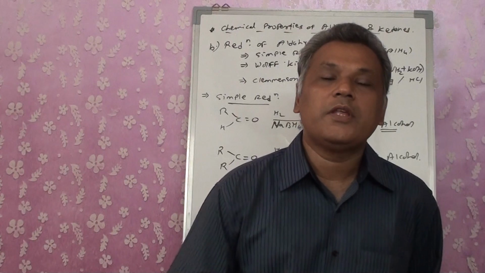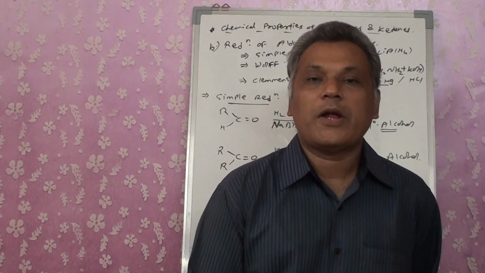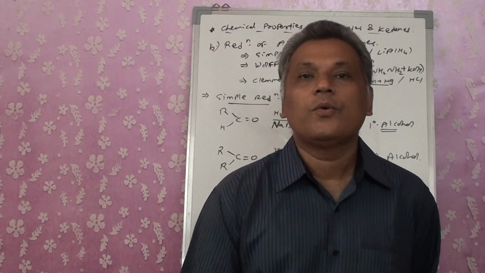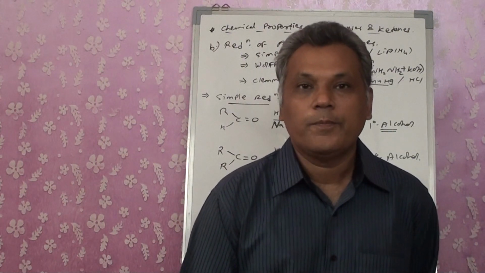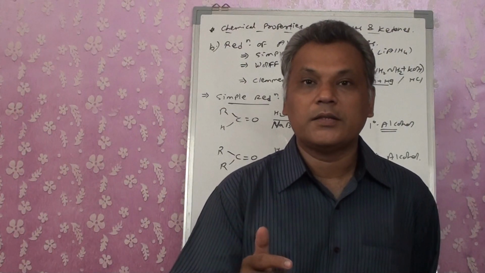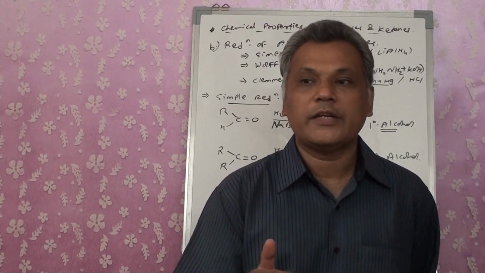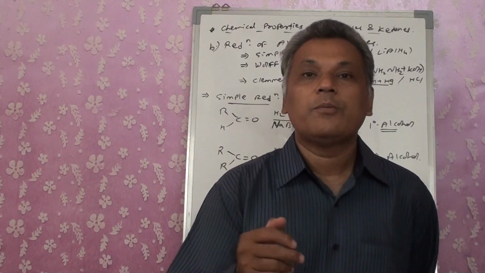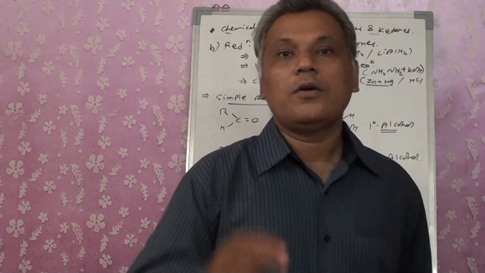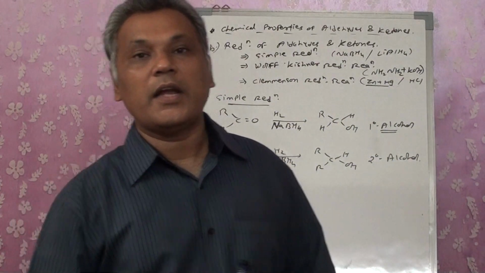While here, with the help of reduction, formaldehyde or any other aldehyde, they are all getting converted into primary alcohols, right? So this can be one of the questions also. Write different reagents used for preparation of primary alcohols from aldehydes, or how to prepare primary and secondary alcohols from aldehydes, right?